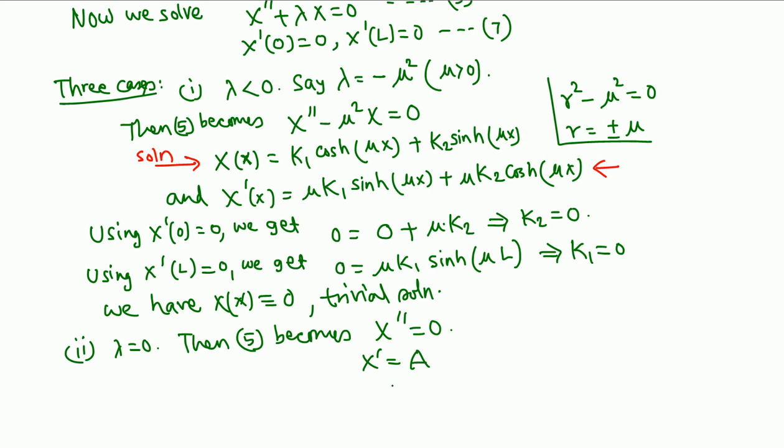Integrate one more time with respect to x, we get X equals a x plus b. Okay, this is uppercase X, a function of little x, this is little x.